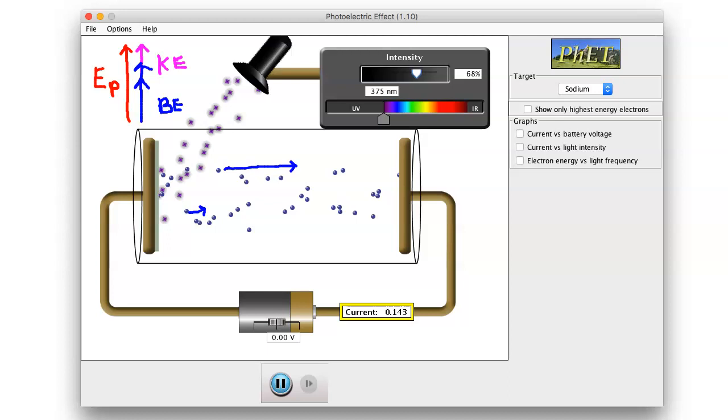Now, the opposite is also true. If the binding energy is smaller, like we're removing electrons that are farther from the nucleus, they feel the nucleus less, the unstable electrons, the valence electrons, then a smaller part of the photon's energy is used to remove them, and they will have a lot more extra kinetic energy, and they'll be going faster.